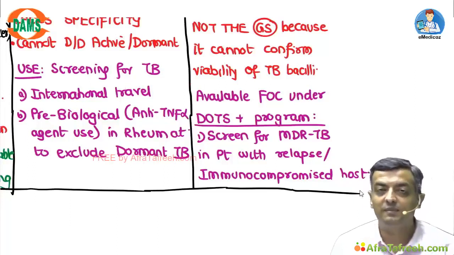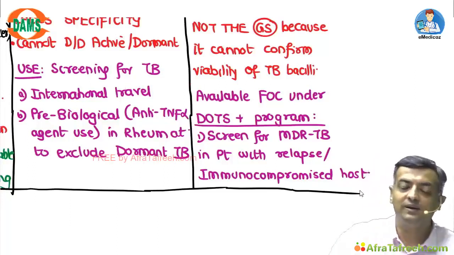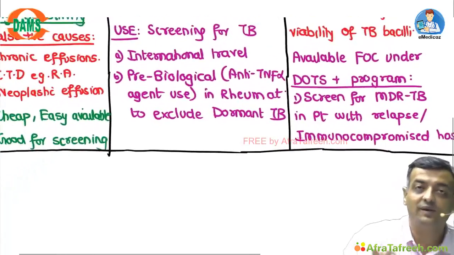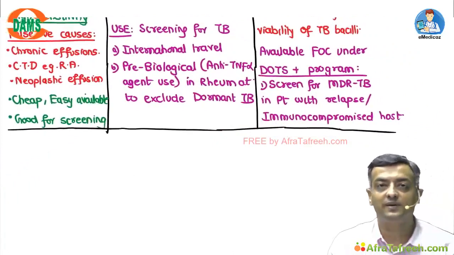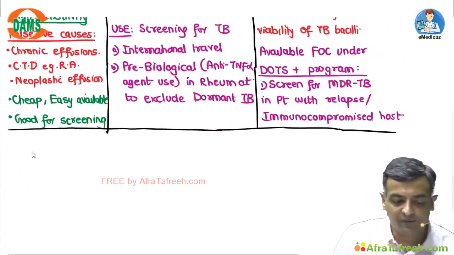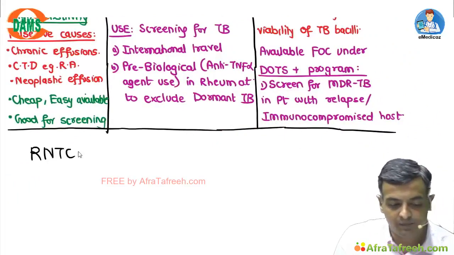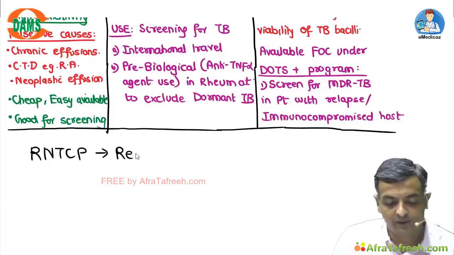So this is a very practical point that we have to learn in the modern tests available for tuberculosis. For the treatment of tuberculosis, the RNTCP program, please refer to PSM.